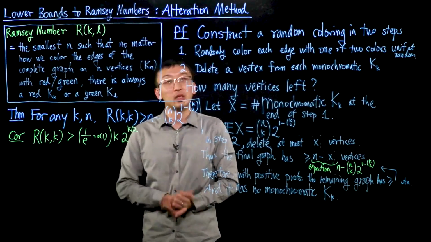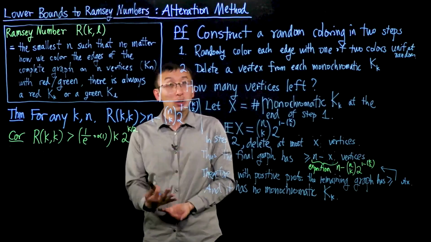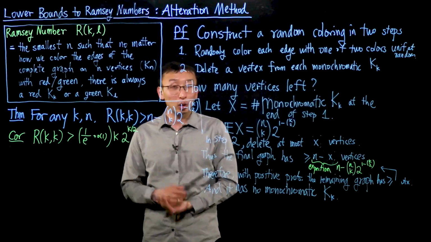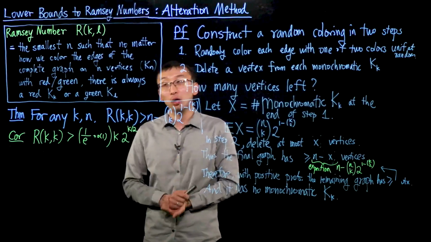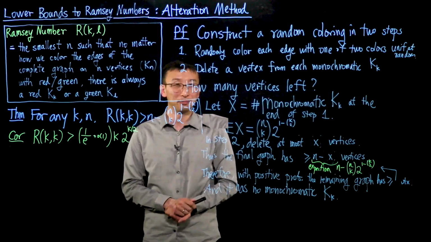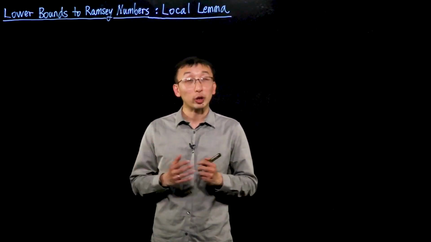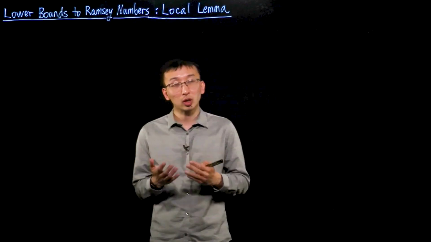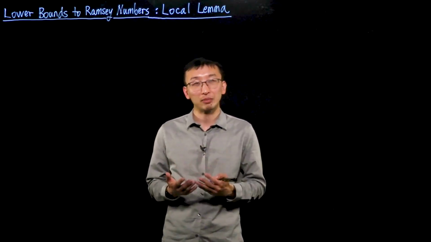In the third segment of this video, we'll see yet another technique that gets us even further along to prove an even better lower bound on the Ramsey numbers. Earlier, we saw two different approaches to using the probabilistic method to lower bound Ramsey numbers.